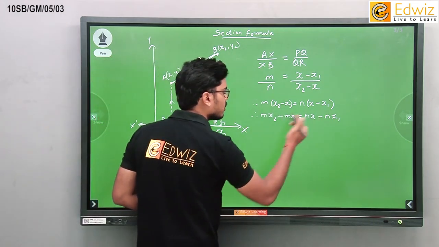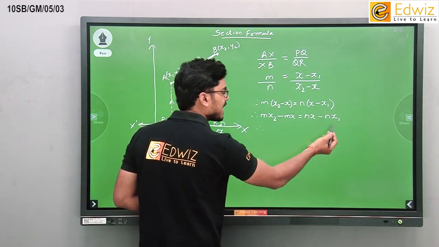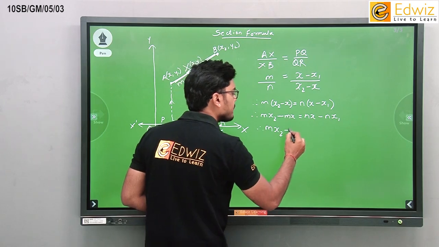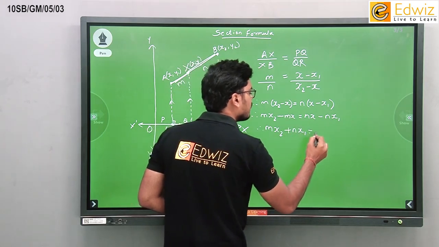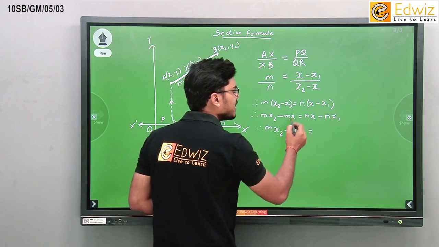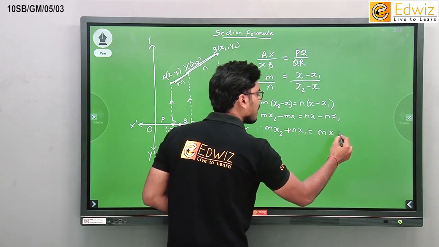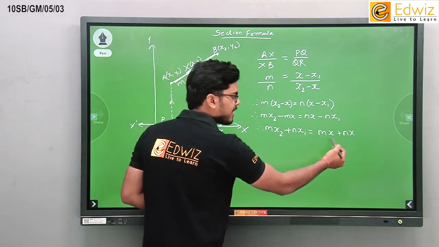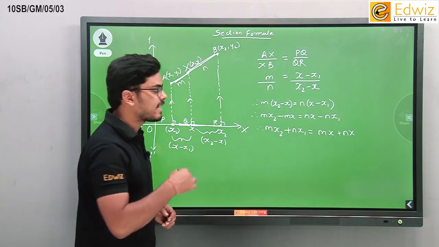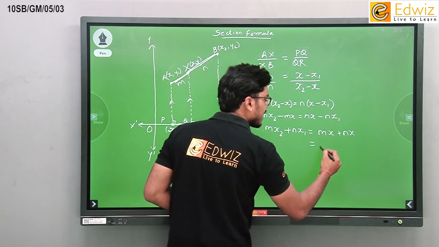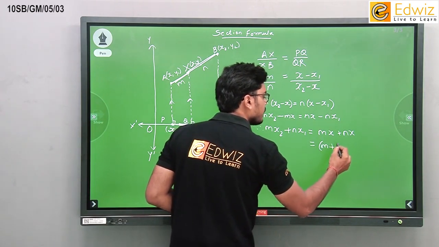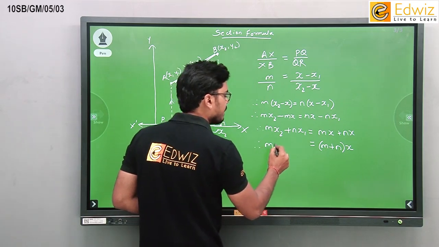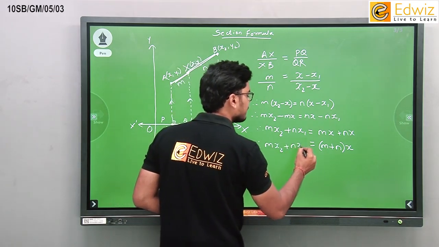So minus mx, if we take on the other side, and minus nx1 brought to this side, this becomes mx2 plus nx1 equal to, on the other side, mx plus nx. Okay, here since we have to find the value of x, we will take it common. What remains in the bracket is m plus n multiplied by x, and here it will be mx2 plus nx1.